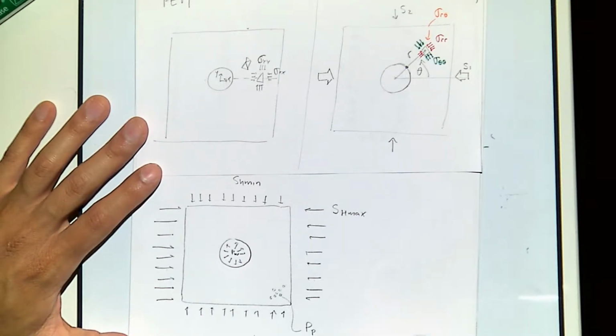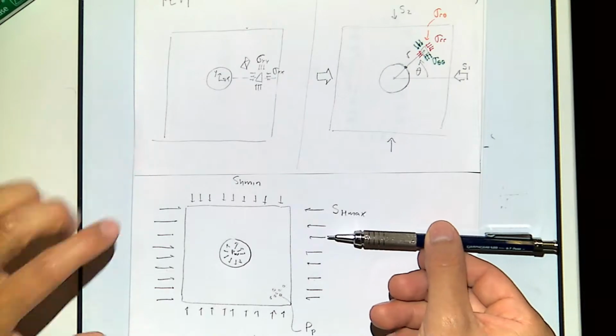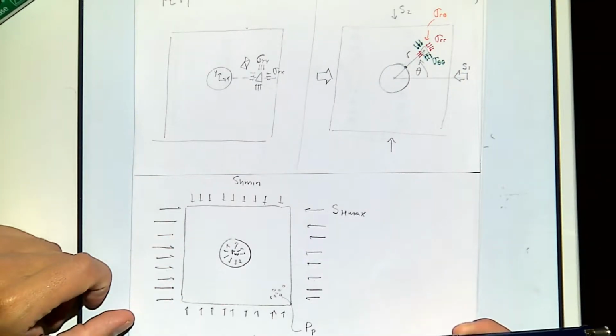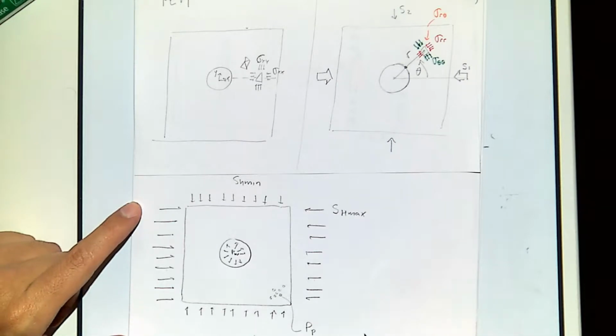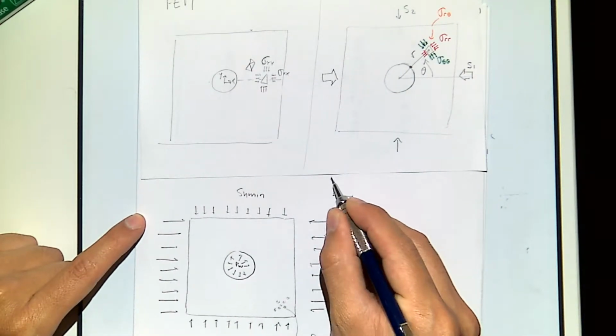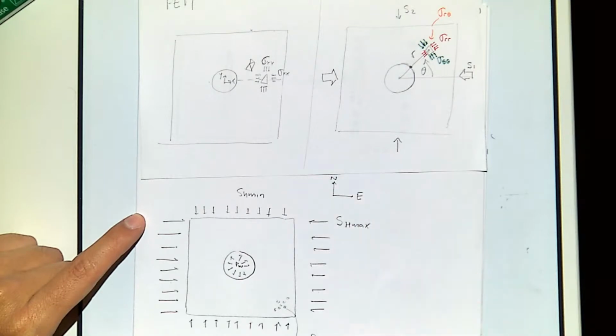So if the maximum stress is applied in this direction, where do you think you're going to have more compression around the wellbore? Let's say that this is the north and this is the east, and we're looking from the top.